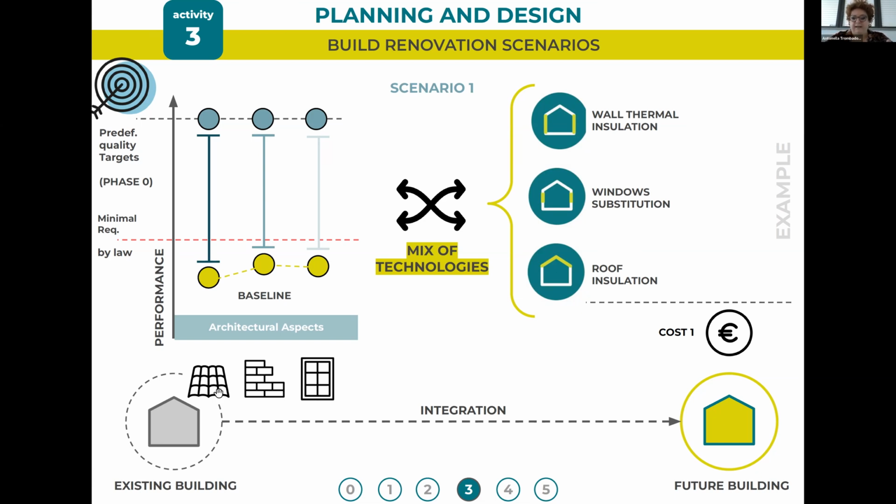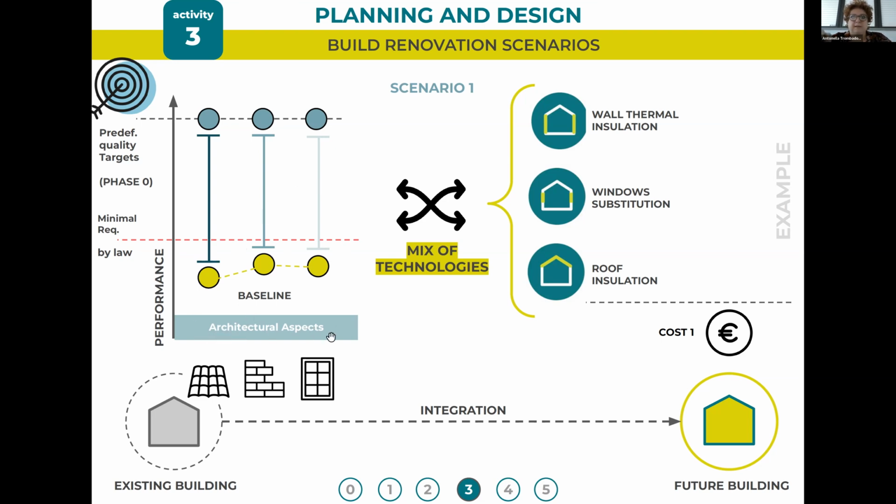So we have a graphic elaboration of the details, the integration in the building, the plan, or in the BIM system, the different technology, analyzing the cost, and analyzing, thanks to the performance simulation during the design phase, which is the minimum requirement if we reach the minimum, and which is the level of the quality target, and so on.